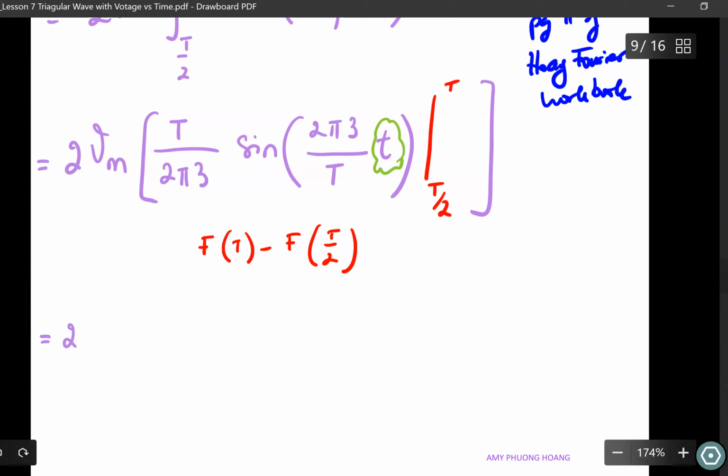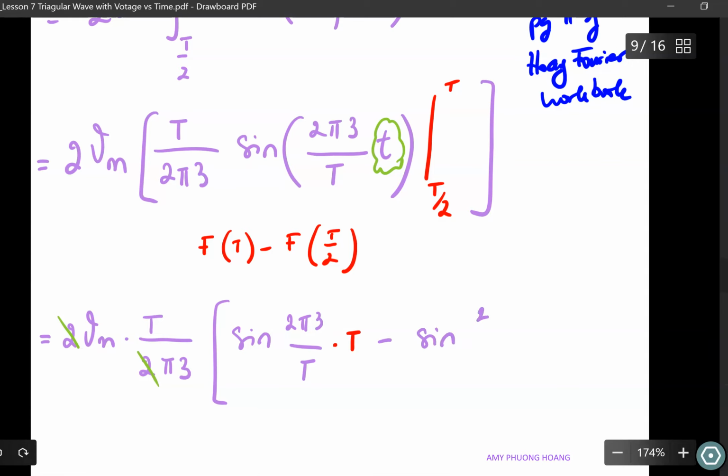Okay, so I may as well bring this across here and see what I can simplify, so that cancels that. Inside the bracket I should have sine of 2 pi 3 over T times t. Now I substitute in the T here, and I will subtract that with sine of 2 pi 3 over T, and I will substitute in the T over 2.